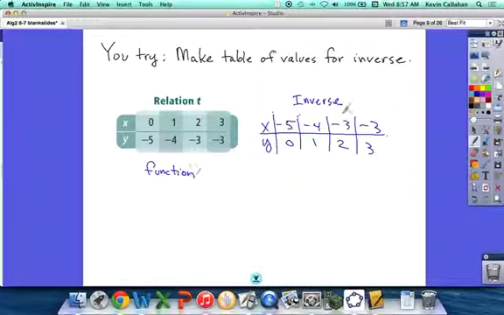Here, you've got repeated x values now, so that is not a function. Good? Richard?